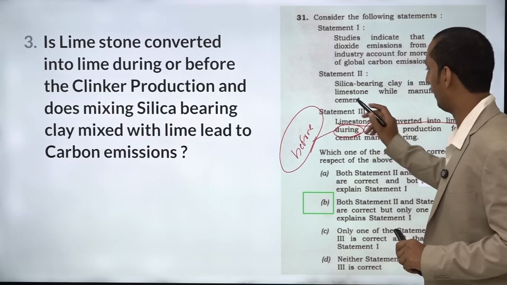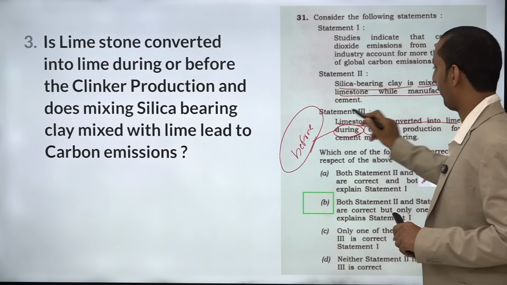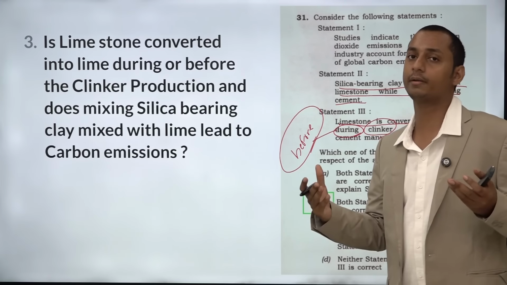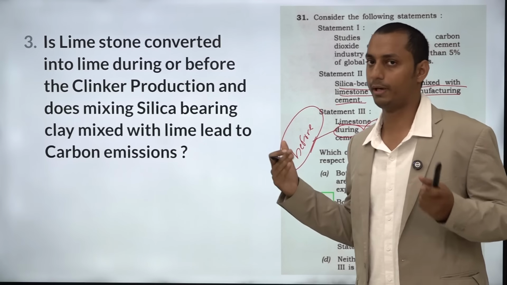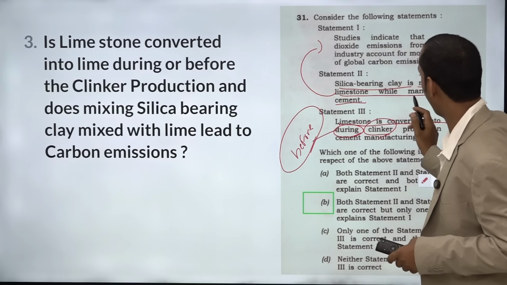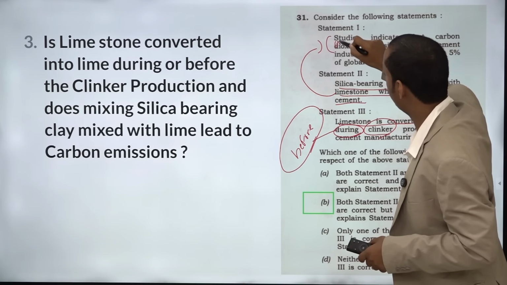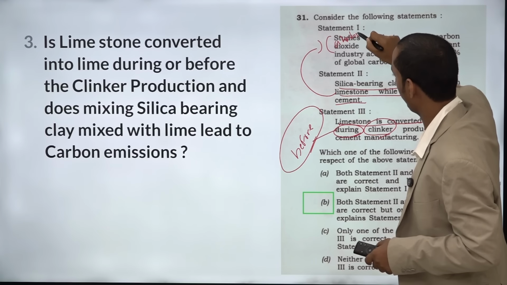Now the second one is that silica-bearing clay is mixed with limestone while manufacturing cement. We don't have a confusion regarding this statement, okay? That statement is actually right. But does this mixing of limestone with silica-bearing clay actually lead to carbon dioxide emissions?